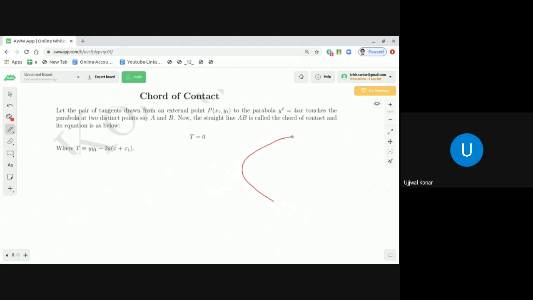Suppose this is the parabola, dear students. So this is the equation of the parabola, y square equal to 4ax.